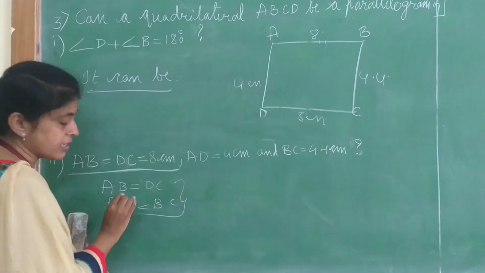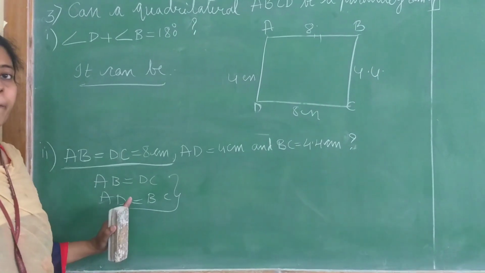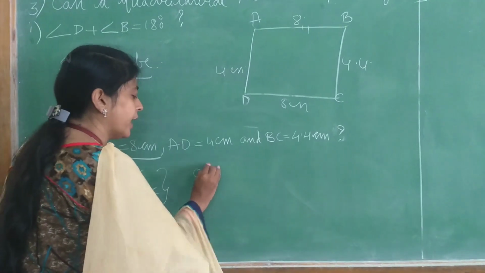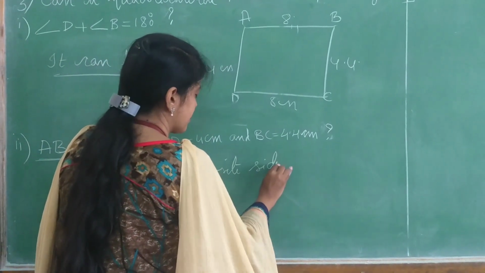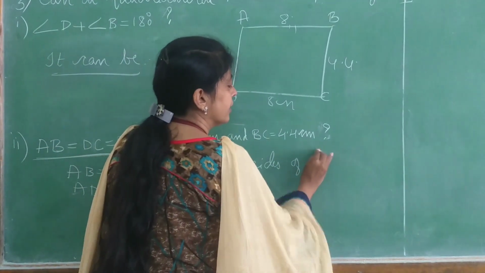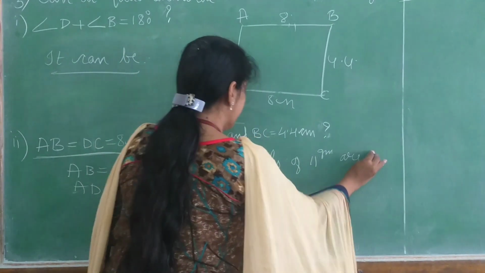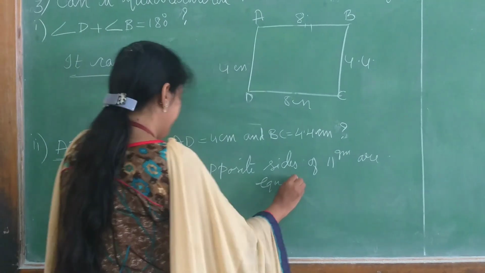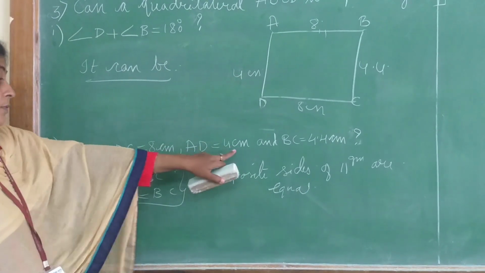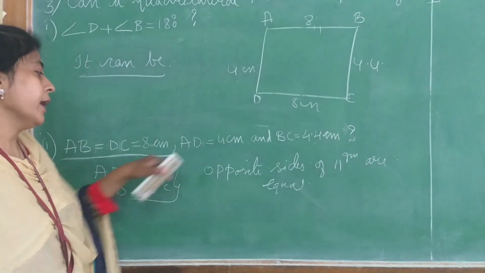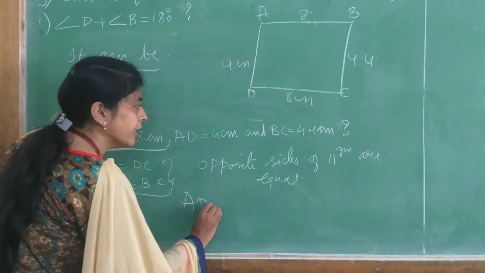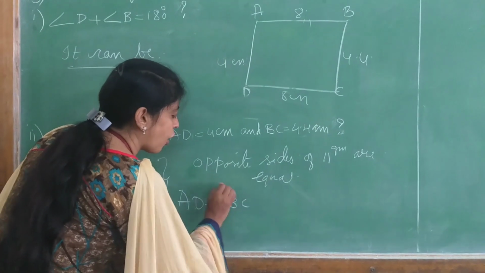Only on this basis can we say that it is a parallelogram, because we know that opposite sides of a parallelogram are equal. But when you look at this, you can see that AD and BC are not equal.